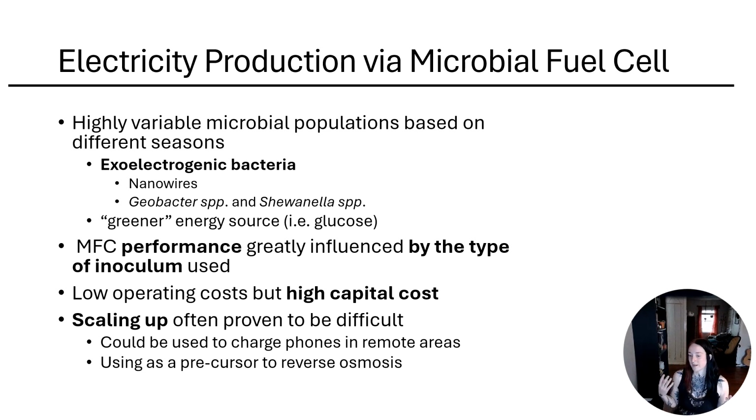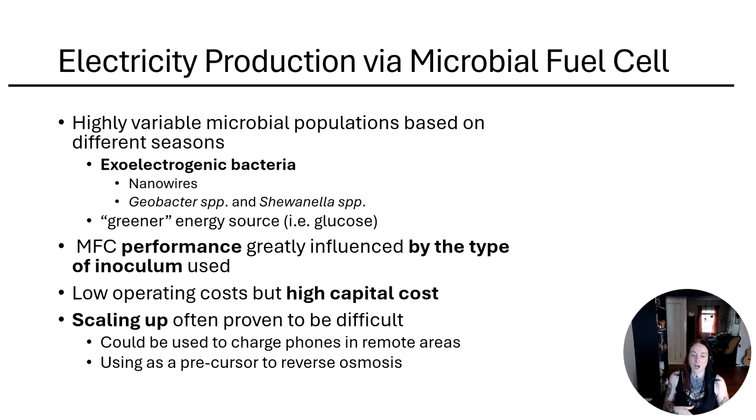Apart from wanting a richly diverse microbial population, we are also looking for exoelectrogenic bacteria. There are certain genera or species of bacteria that can have something called nanowires, which look like pili coming out of the cells. They can go from the cell to the anode and increase energy production. Again, this is greatly influenced by the type of inoculum used, depending on where you get your sludge from.